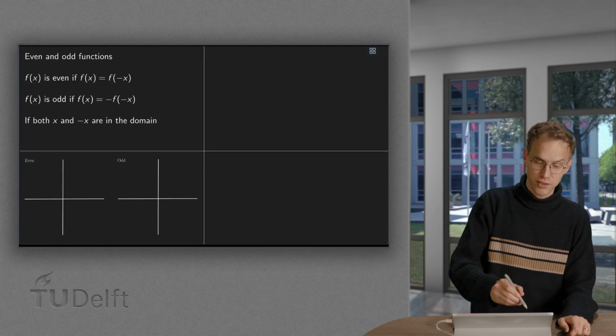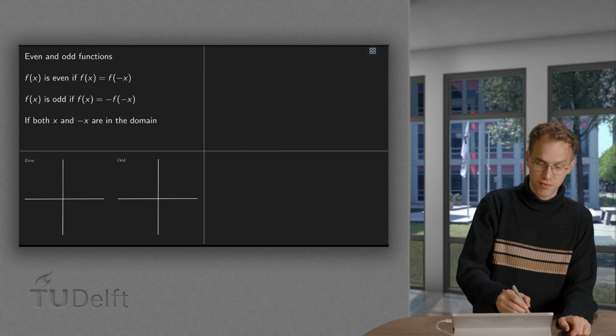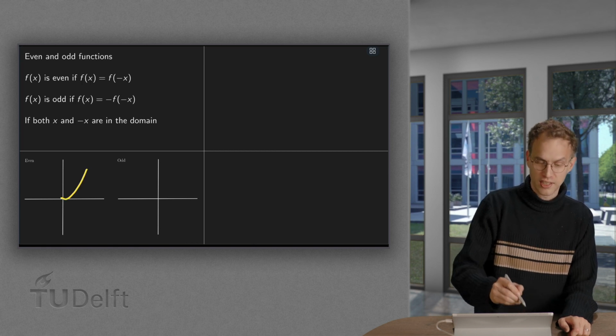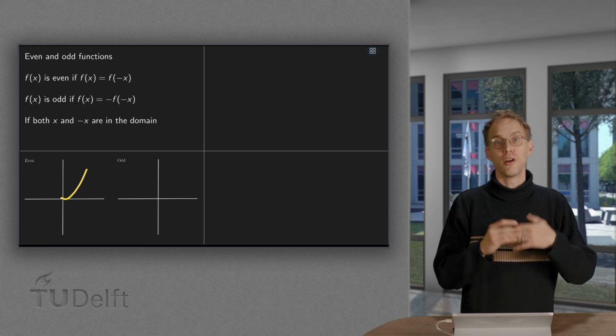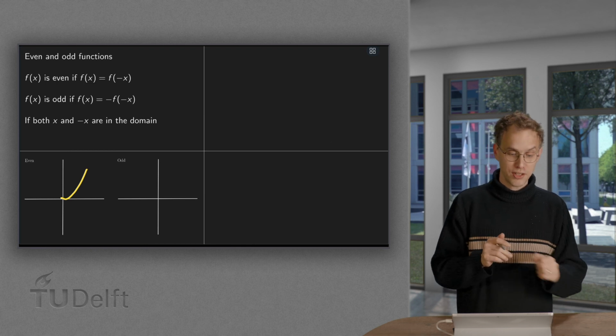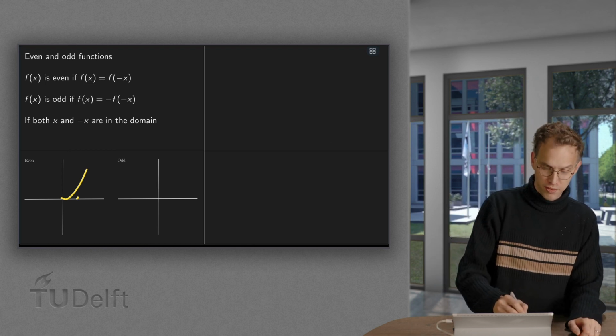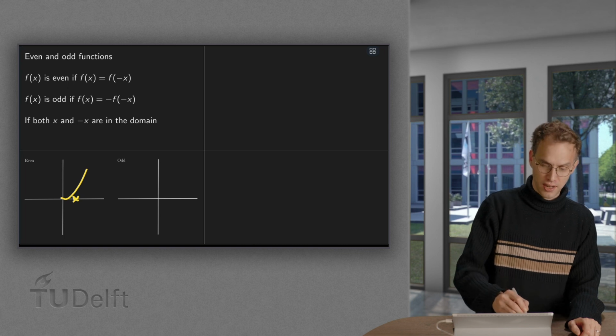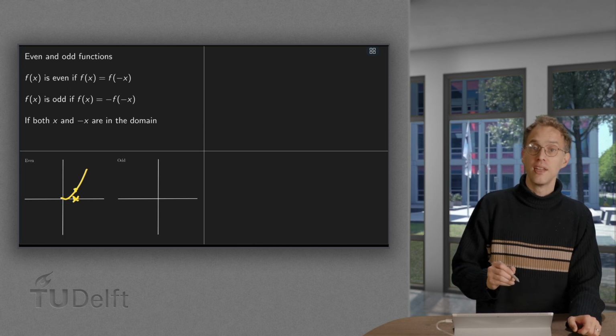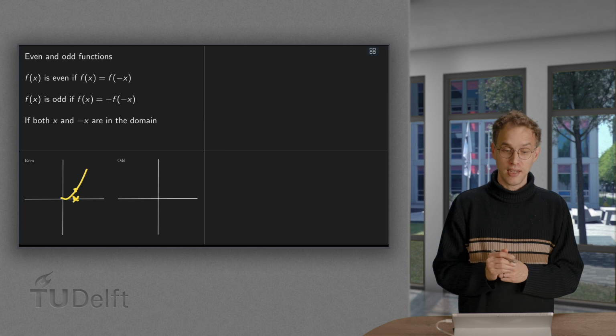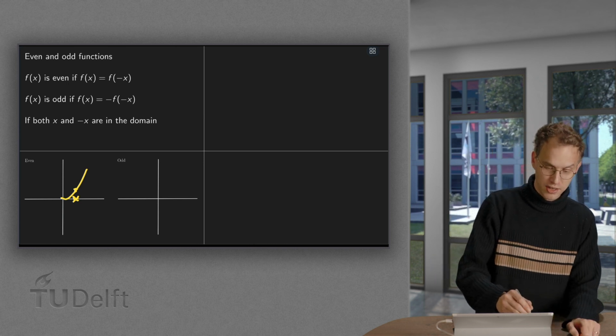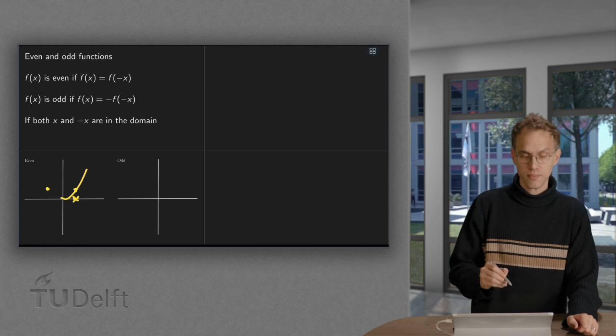So for an even function, say for positive x's our function looks something like this. Then how should our function look for negative x values? If we have a value x and f of x here, then f of minus x should be the same as f of x, so at the same height, so it should go somewhere over here.